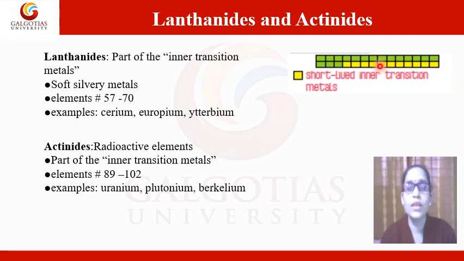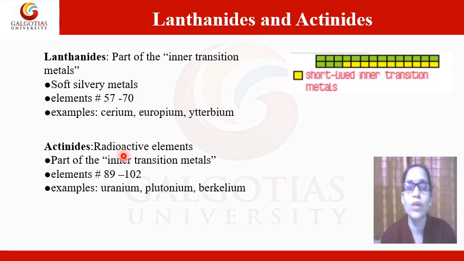So what are these lanthanides and actinides? Lanthanides are also part of the inner transition metals. They are soft silvery metals. From atomic number 57 to 70, they are known as lanthanides. Cerium, europium, yttrium are examples of lanthanides. Then actinides are placed below the lanthanides.